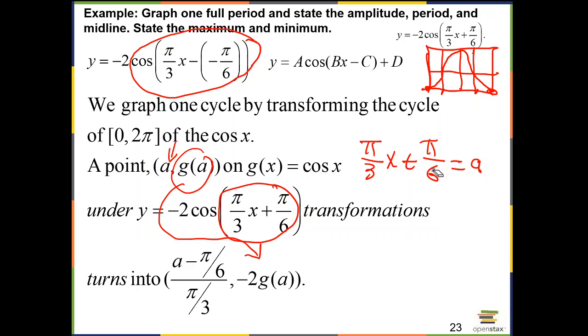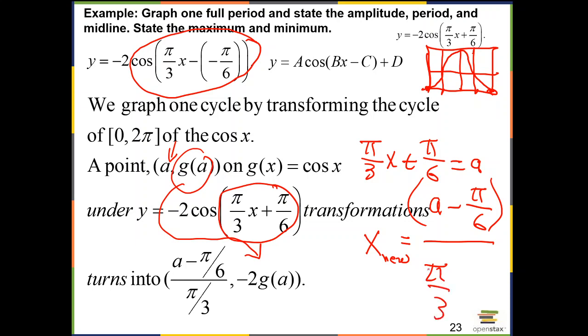If we solve for x, we have to subtract pi over 6 and divide by pi over 3, as you see here. So the new x is the old x minus pi over 6, and then divided by pi over 3. That's how you get the new x out of the old x.